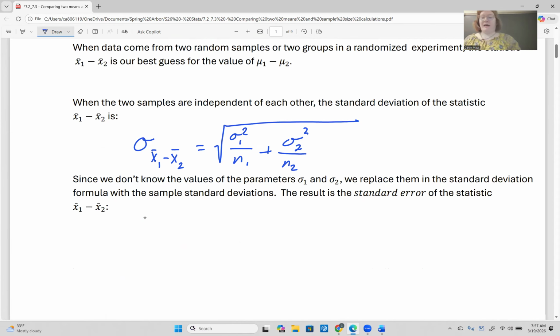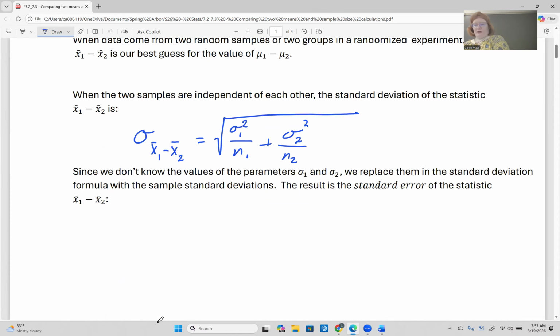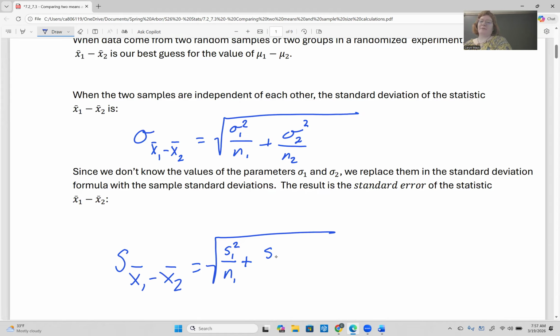So we estimate it with the sample. The standard error is going to be the same thing, but replace out the sample standard deviations, not the population standard deviations.